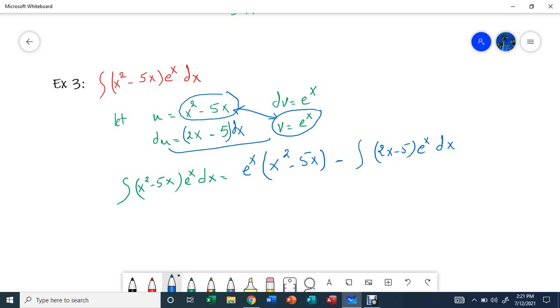And you see, I have to do it again here. So I'm gonna let u equal 2x minus 5. So du equals 2 dx.